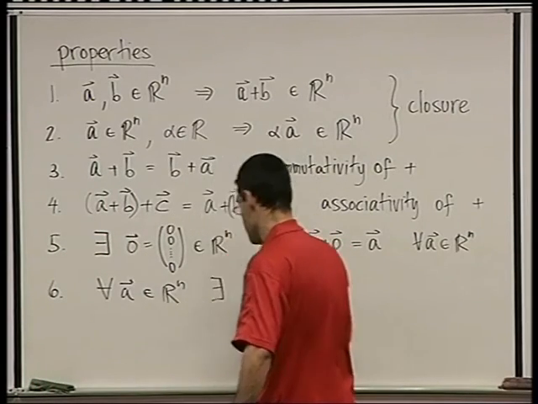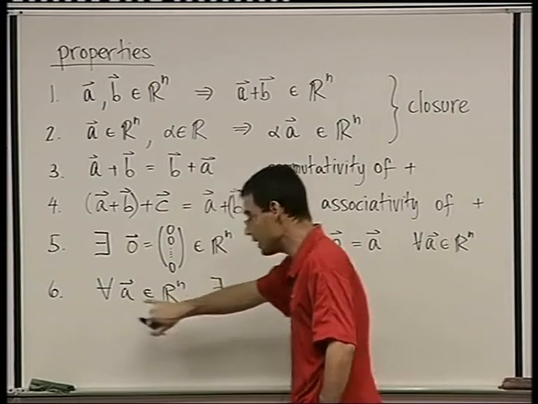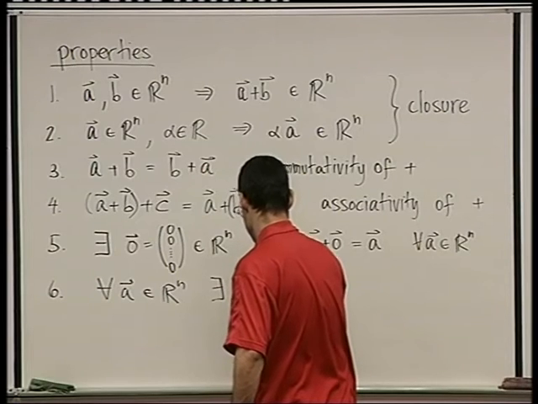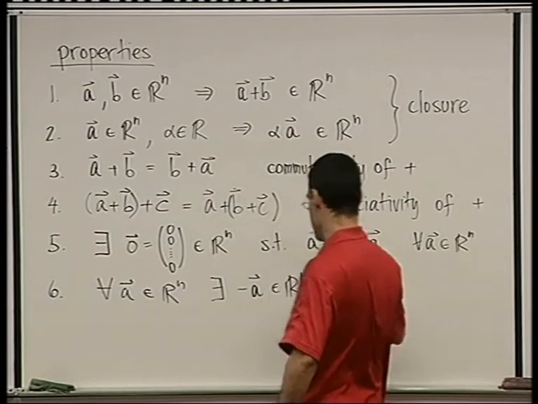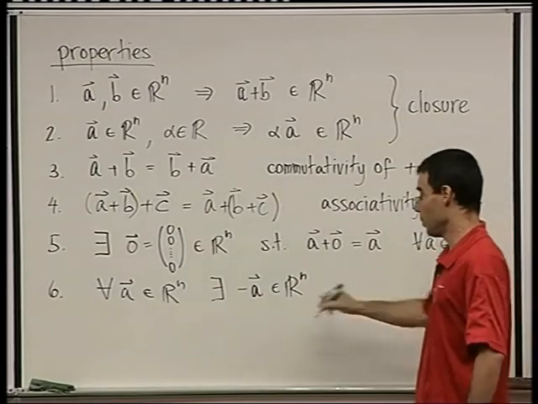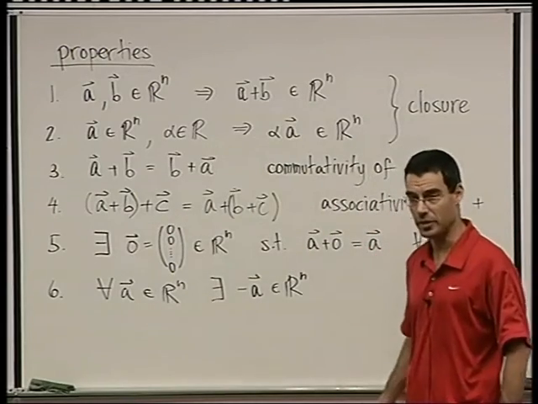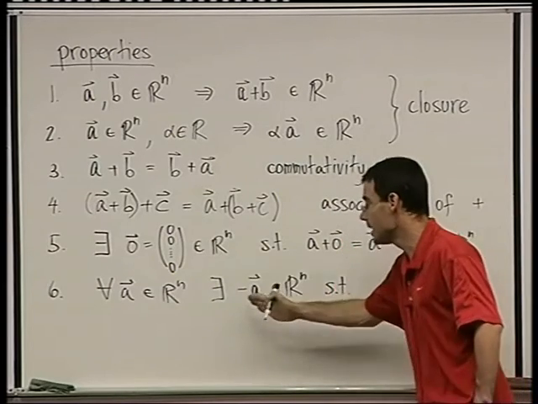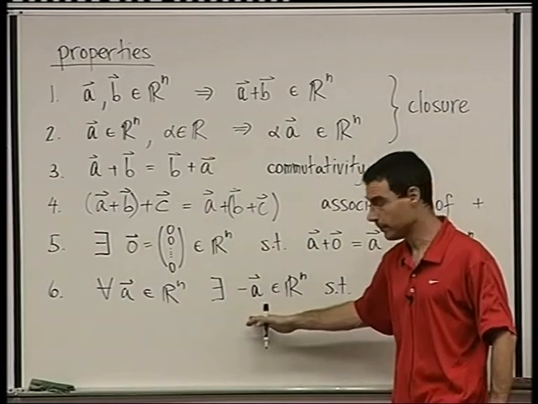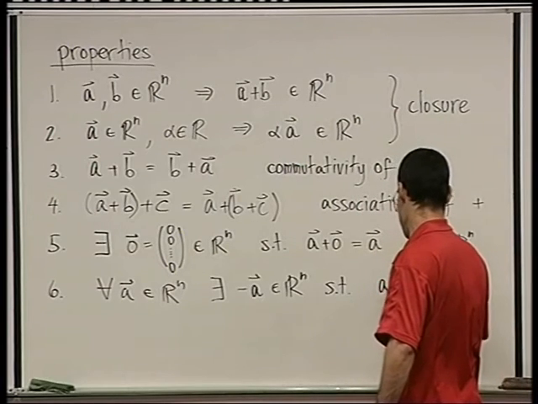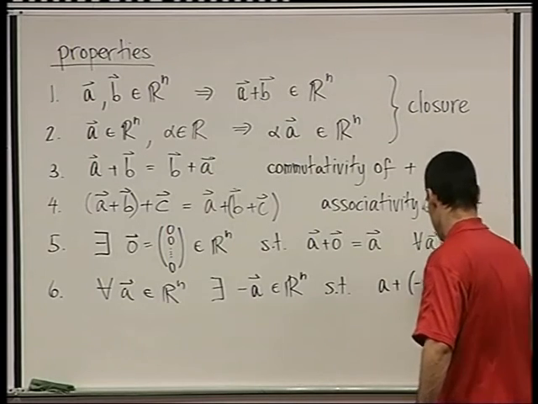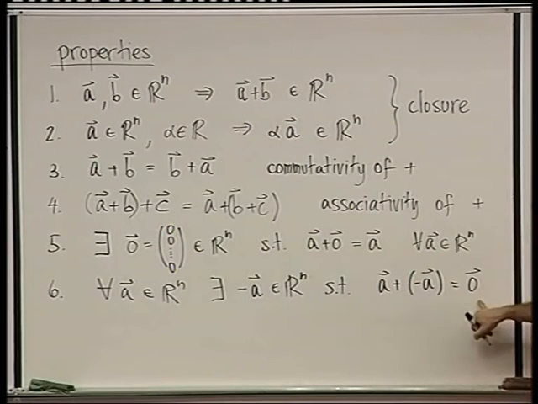There exists a minus a, which is again an element in the same vector space. What is minus a? You just throw in minus signs on all the entries, right? Such that, what is the property of the additive inverse? What does it do? A plus minus a is the 0 vector. A plus minus a gives you the additive identity, gives you 0. Right? Okay.